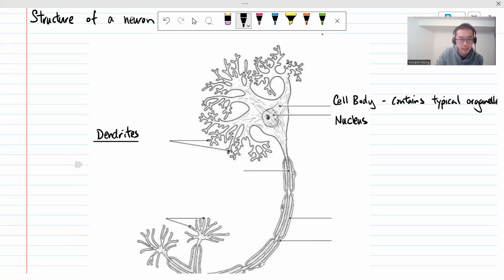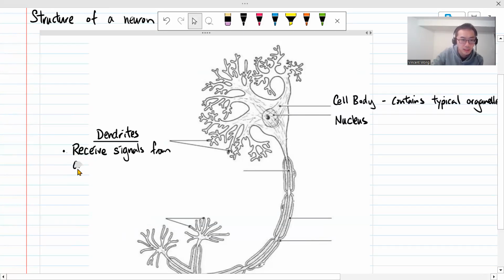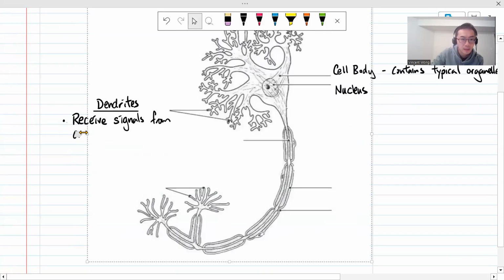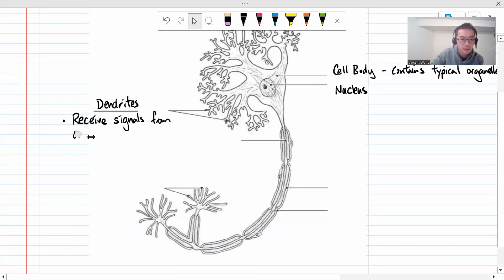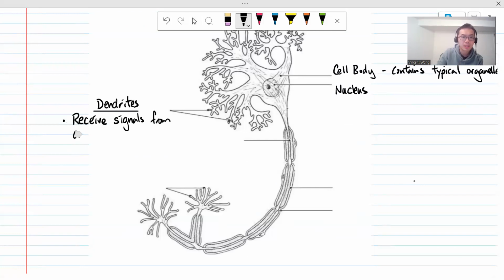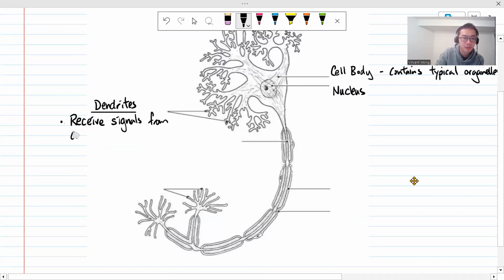Dendrites are extensions from the cell body, and their function is to receive signals from another cell.